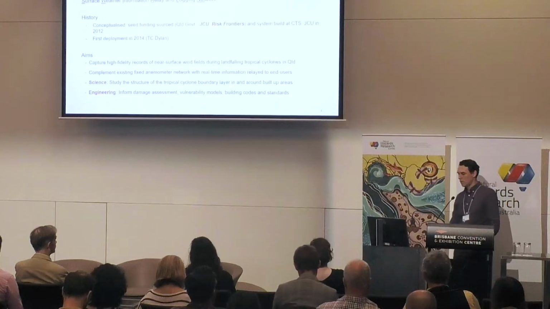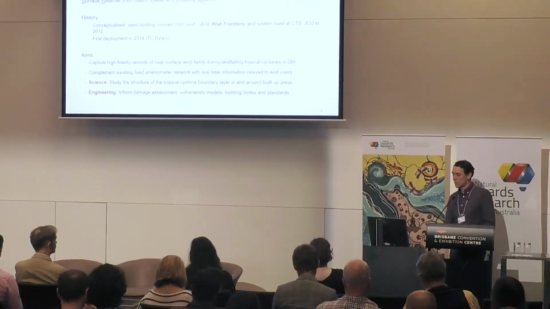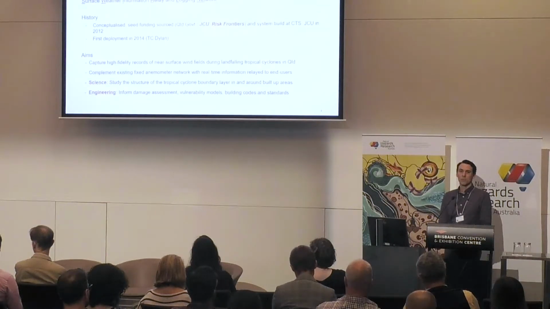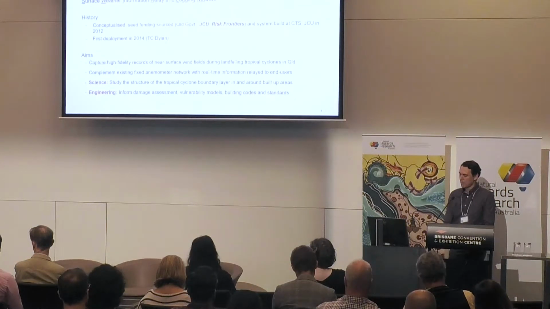The original objectives were really from a scientific point of view. We want to learn more about the tropical cyclone boundary layer. It's a very energetic environment that we have a lot of theories on, but not a lot of actual practical observation, so we want to improve that. And from an engineering perspective, we want to inform the development of vulnerability models, improving building codes, and also to inform damage assessments.